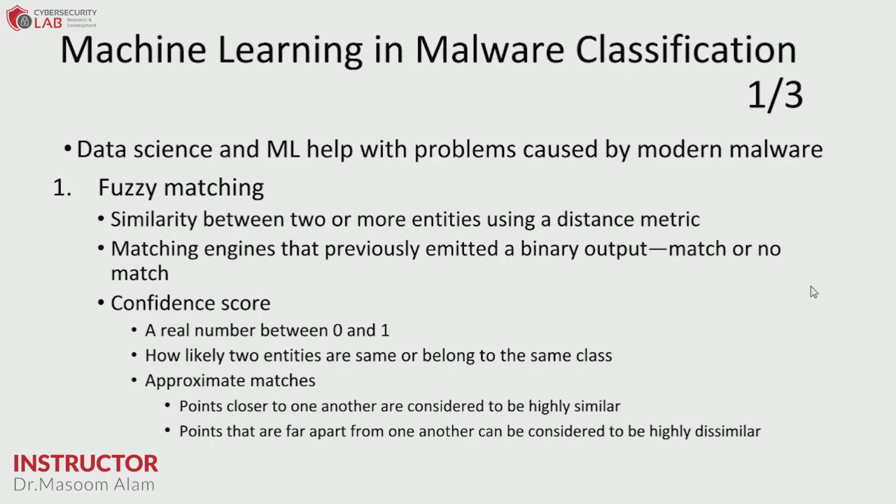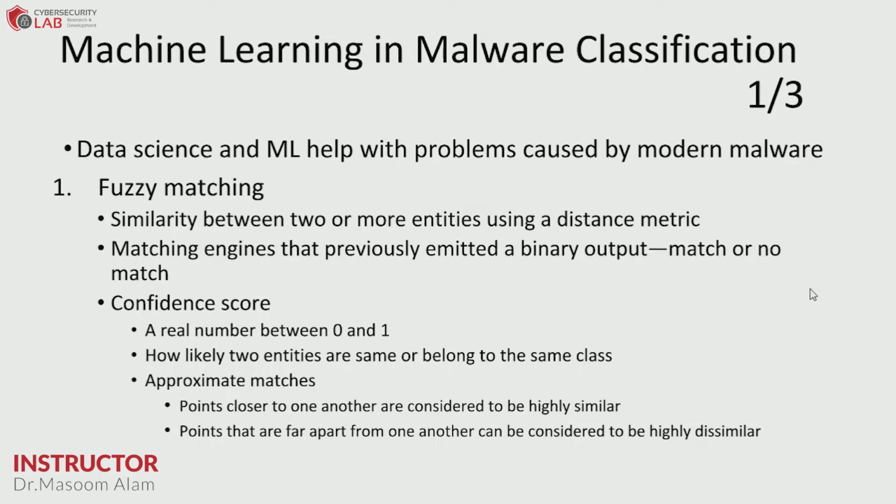Now, let's take a look at how data science and machine learning can help us with the problems caused by modern malware. The first is fuzzy matching. For example, we can have an exact match of a file which is malicious with another file, but with the help of fuzzy matching, we can get the similarity between two or more entities using a distance metric.